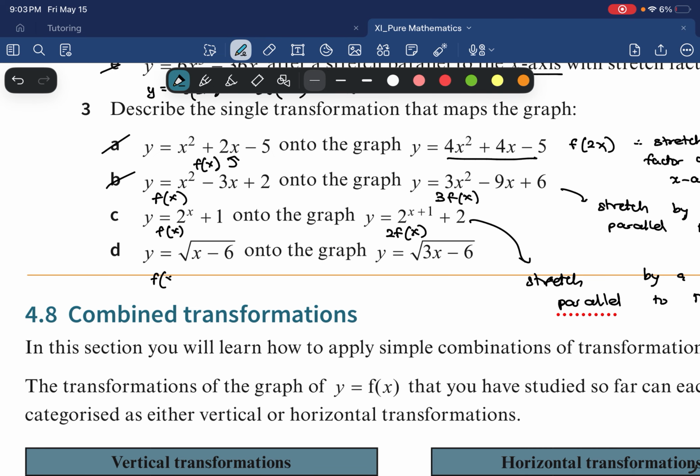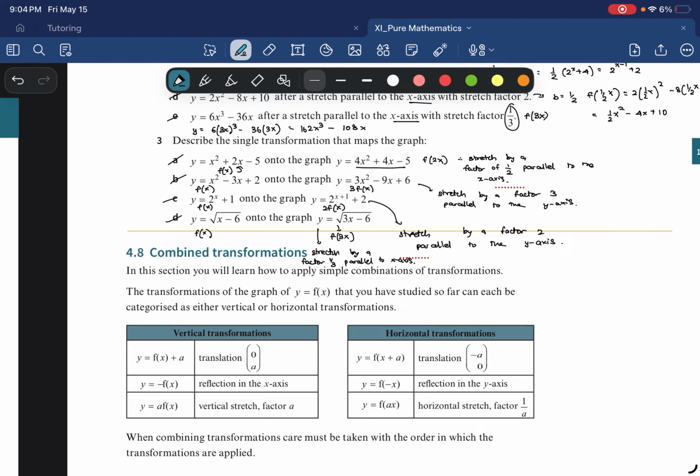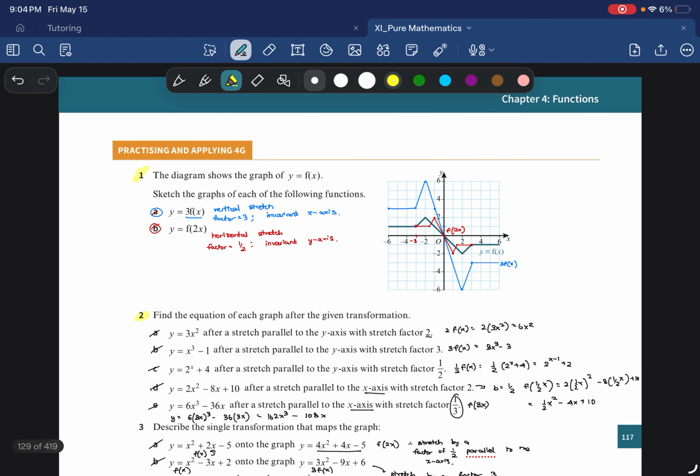And if this is f of x, then this is f of 3x, right? You just substituted 3x instead of x. So this is going to be a stretch by a factor 1 over 3 parallel to the x-axis. And that is it. We are done with this topic. All right.